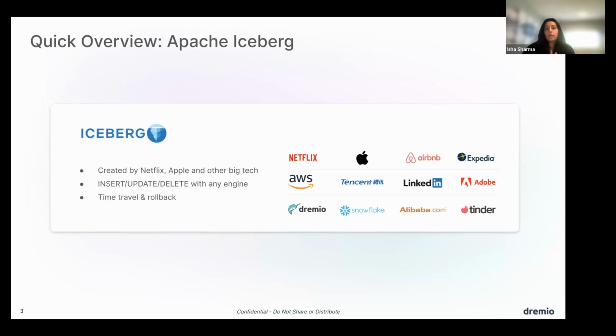And the great thing about Iceberg is that it gives you those capabilities that you have on the data warehouse on your lakehouse. So you're keeping your data in a very open format. You have access to all the engines that you would possibly want to use for your different use cases, whether that be Dremio Sonar, Flink, Spark, anything else. And on top of that, you're able to do your DML right there on the spot.